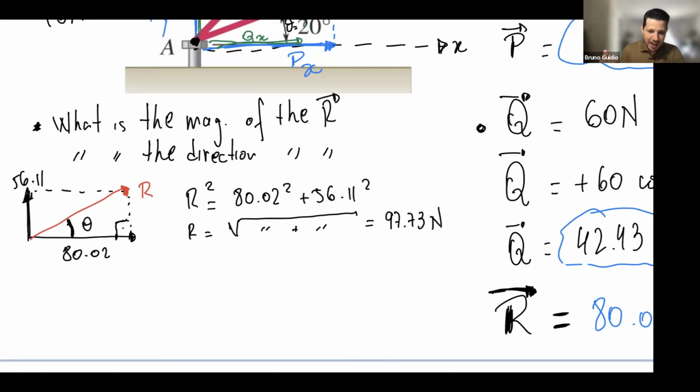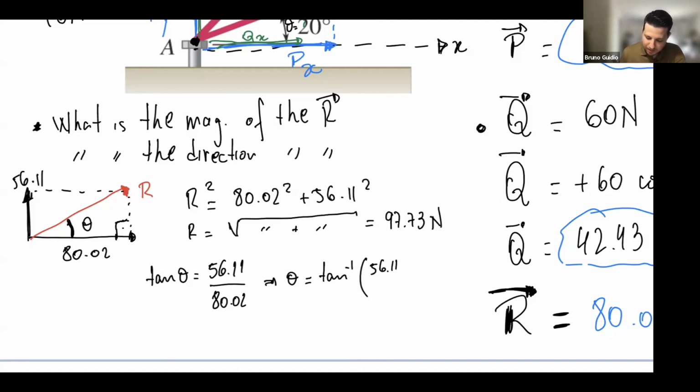Well, then you can use angles. You can use sine, you can use cosine. What I like to use is tangent. Okay? Tangent of theta is what? Opposite 5611 divided by 8002. Okay? This angle is going to be inverse tangent of 5611 over 8002.